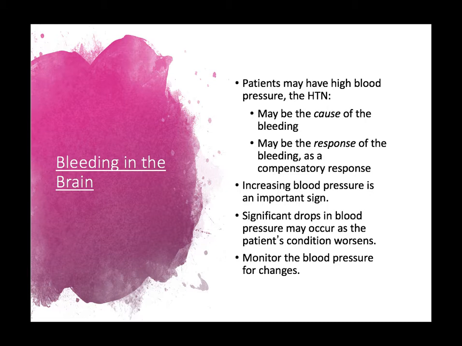So we're going to talk just about generalized bleeding in the brain. When patients may have high blood pressure, the hypertension, the HTN, which is hypertension, might be the cause of the bleeding. So you might have hypertension and then the bleed, or you might have the bleed and then hypertension. And that's basically a compensatory response.